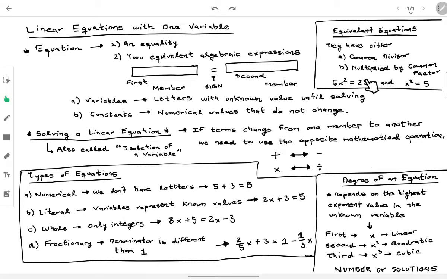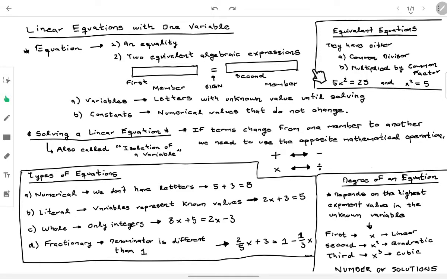Why? Because if we multiply this equation by 5, then we will get 5x squared equals 25. If we divide this expression by 5, then I will get x squared equals 5.